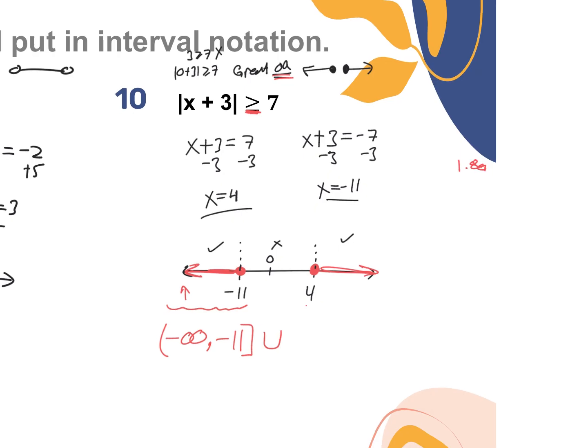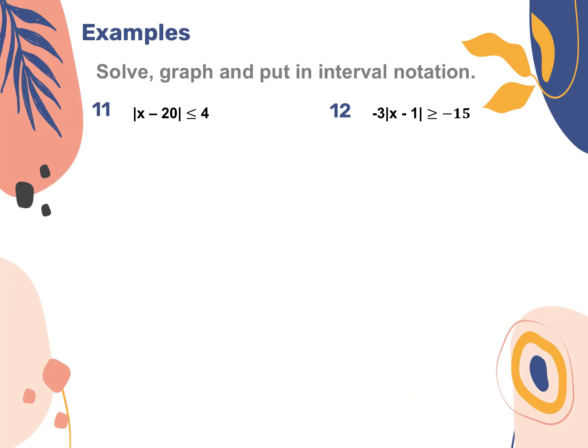Then this new interval starts at 4 and goes up to infinity. So this would be my answer in interval notation, and it's always how it's going to work. All right, so I'll try the same thing over here.